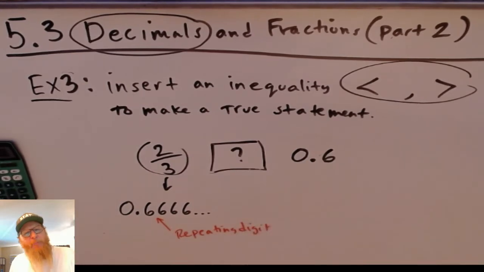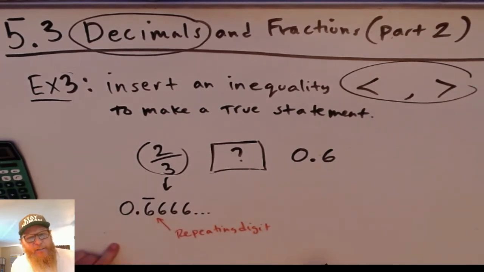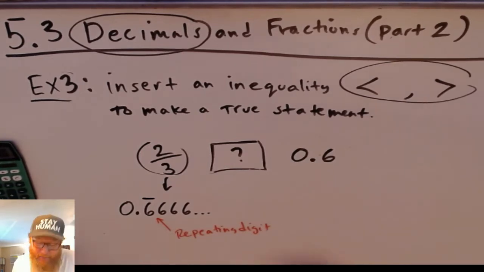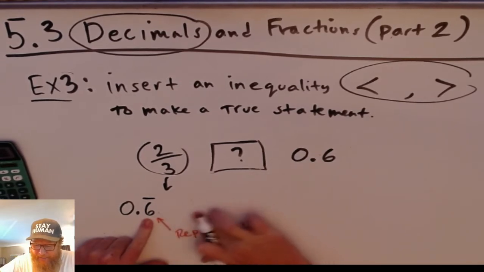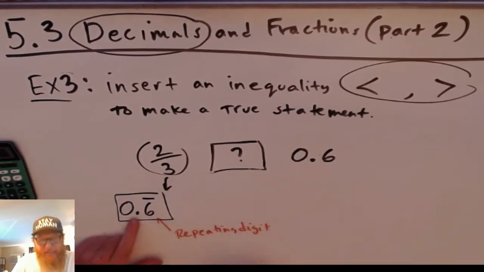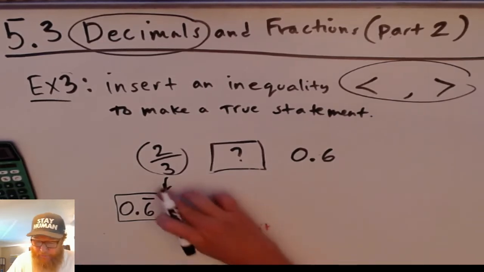It's not a repeating block, but it's a repeating digit. And so we normally put a line above the digit that's being repeated as soon as it repeats. So the very first digit repeats, and then we delete the rest of these. And so this represents the repeating digit 0.6666666, which is 2/3.